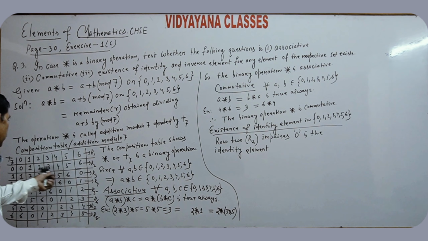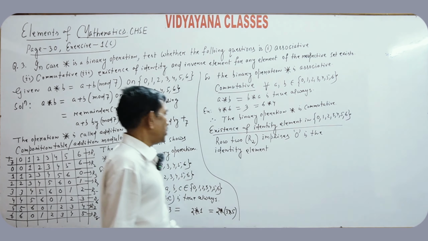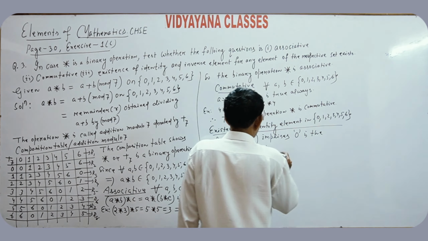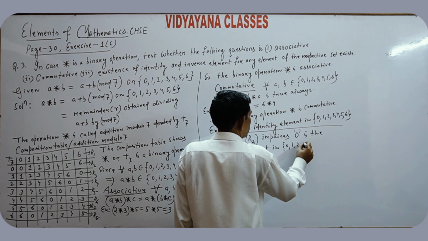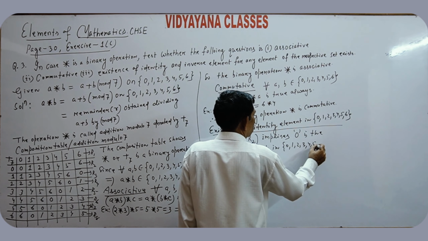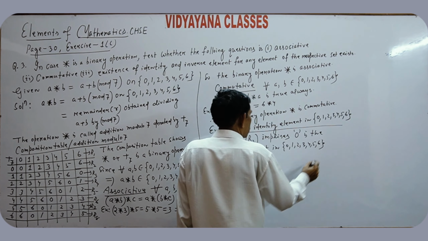Row 2 implies 0 is the identity element in the set of 0, 1, 2, 3, 4, 5 and 6.